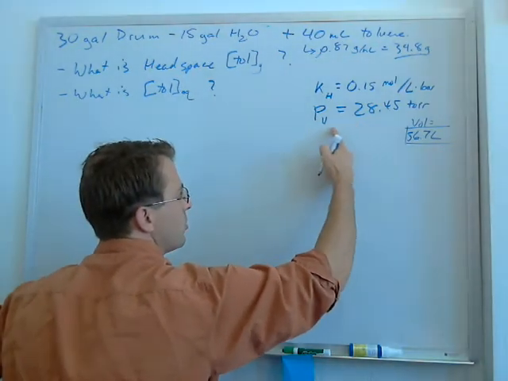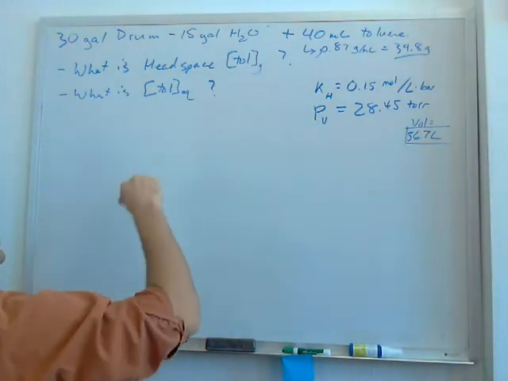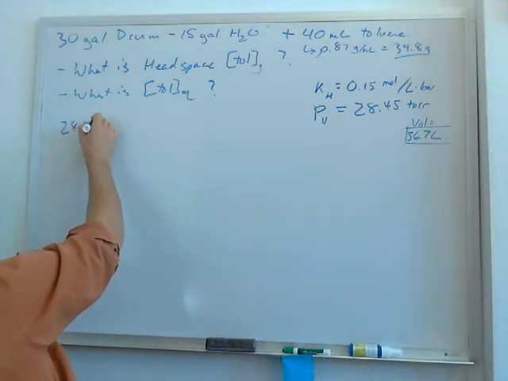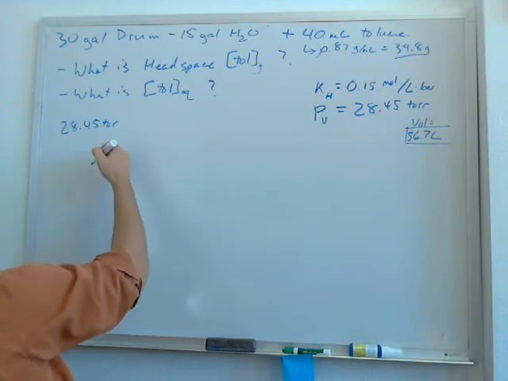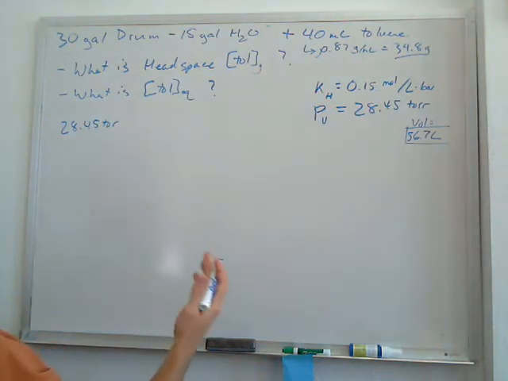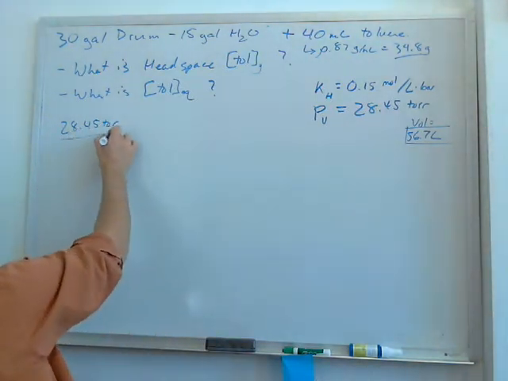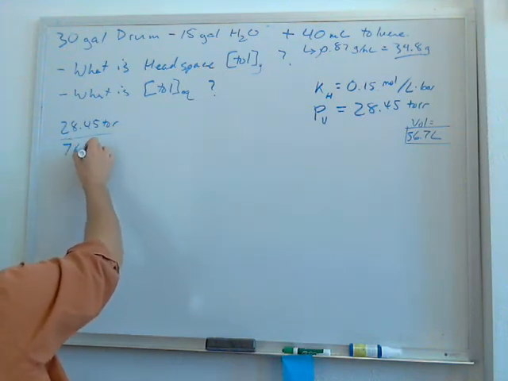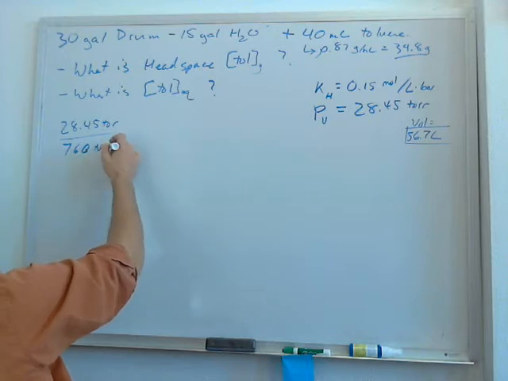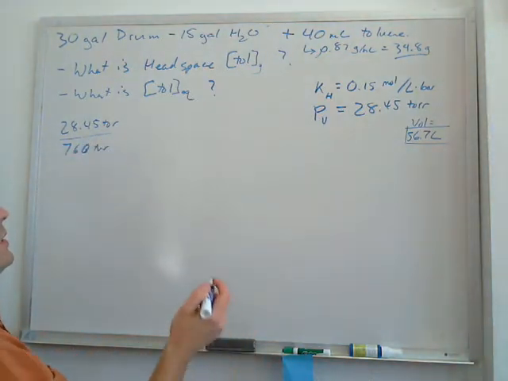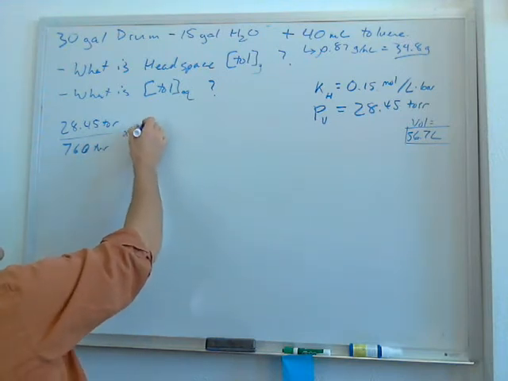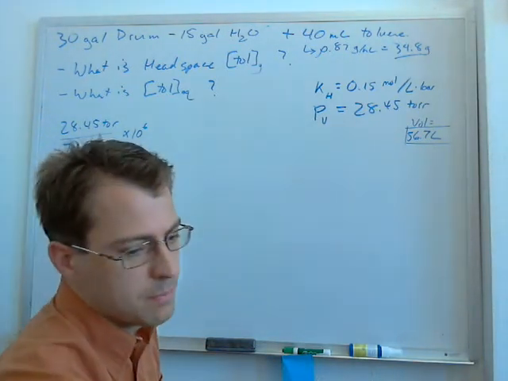Okay, so first let's start with our vapor pressure. So this is the pressure of vapor at 25 C and 1 atmosphere. So we have 28.45 torr in the environment, which is coming from our toluene, but the overall environmental or atmospheric pressure is 760 torr. So that gives us a ratio, and that's a really small ratio, but if we multiply it by 1,000,000, then that gives us parts per million.